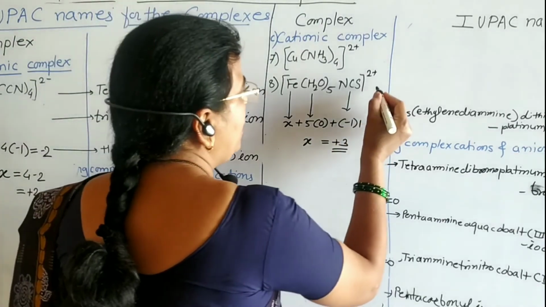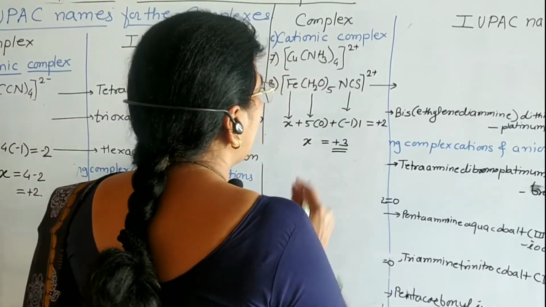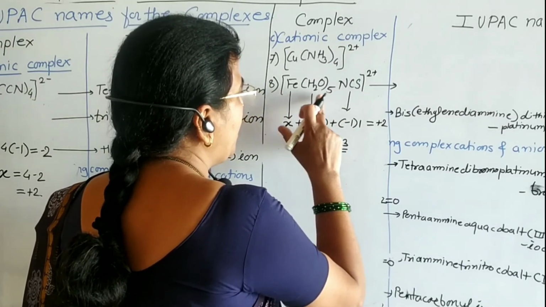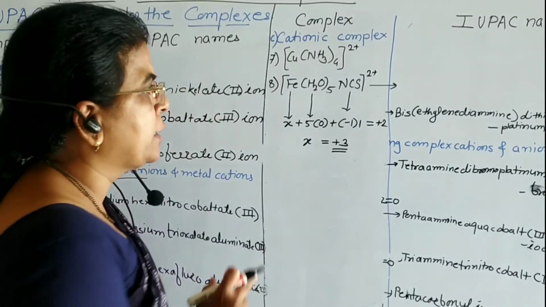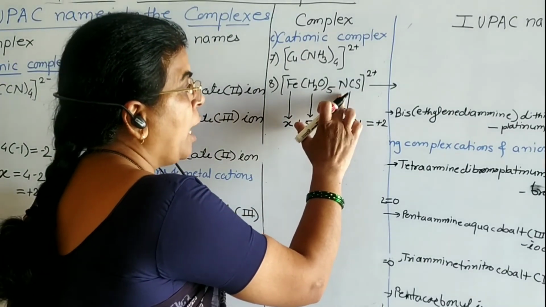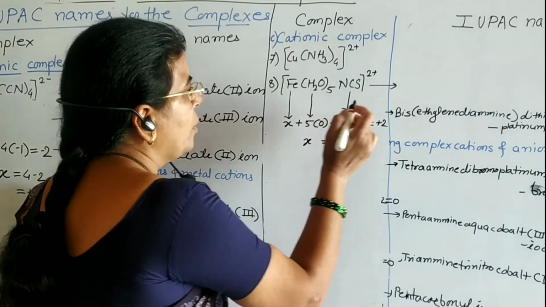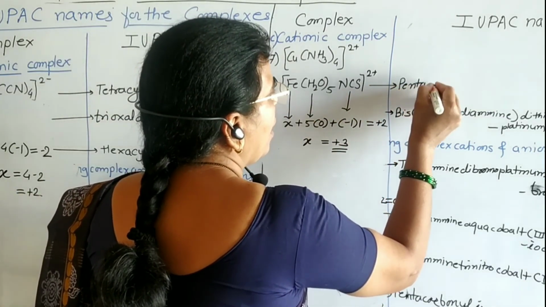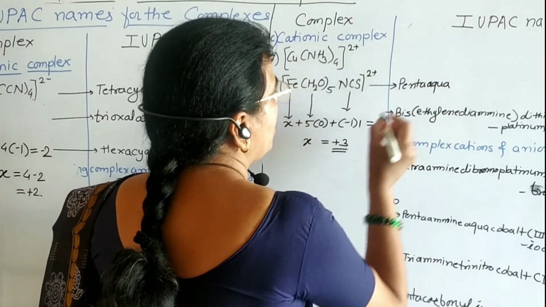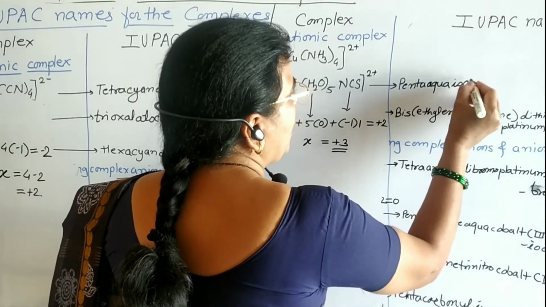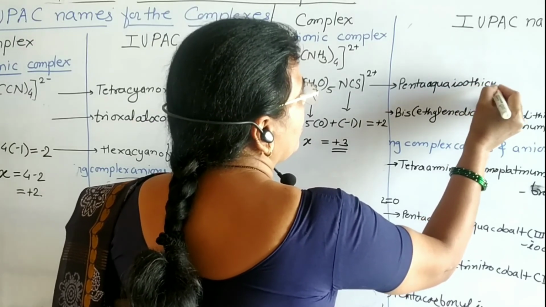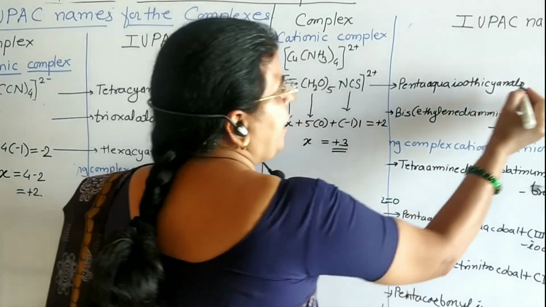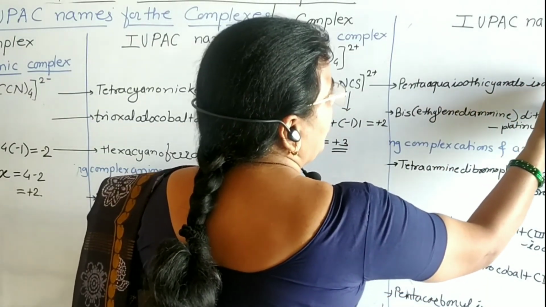Now we write the IUPAC name of this complex. Now here two types of ligands are present, that is the central metal ion is bonded to two types of ligands, that is aqua and isothiocyanato. Therefore we write the name as penta aqua isothiocyanato iron.